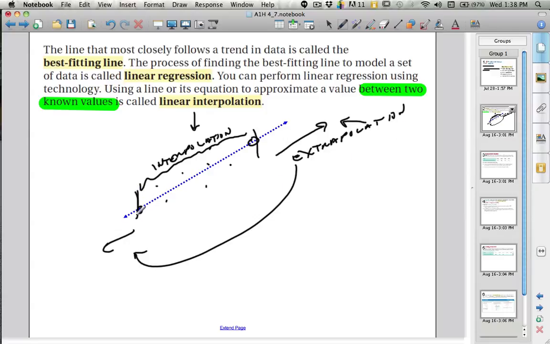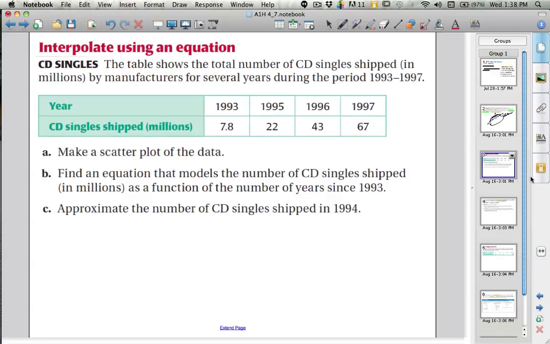If I look at monthly sales for a period of time, I may want to predict what my monthly sales are going to be in the future. That's extrapolation. But if I was doing other research, I may want to be doing interpolation. Just because I happen to think of extrapolation more doesn't mean it's more frequently used.